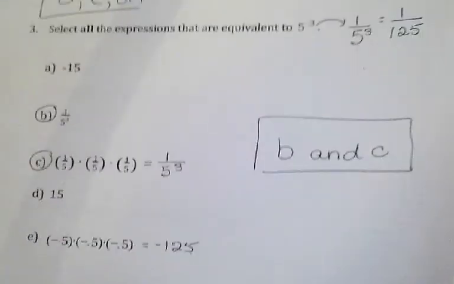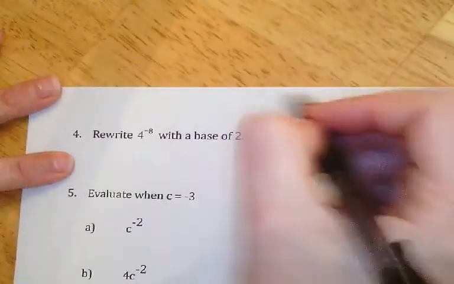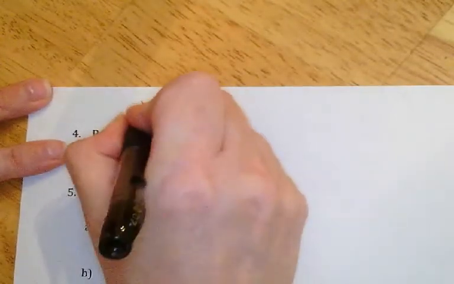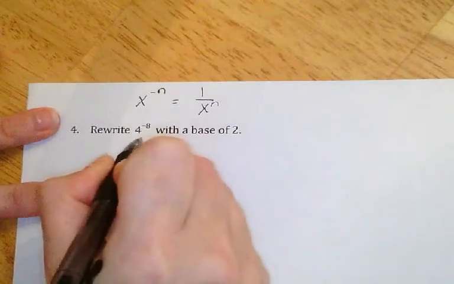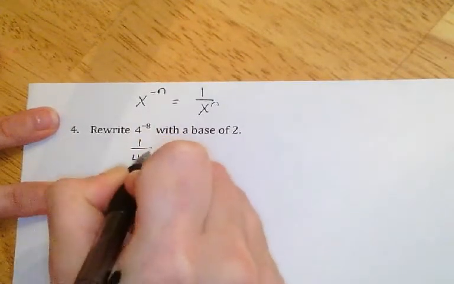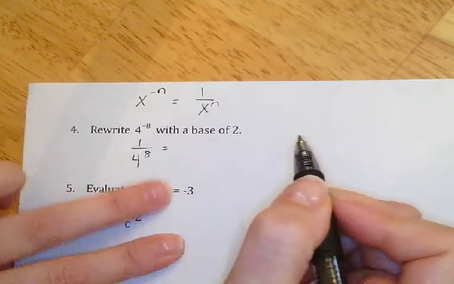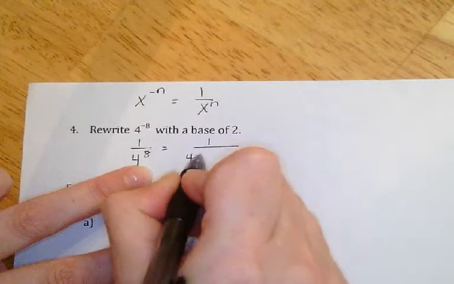Moving on. Number 4. Still just going with the definition of x to the negative n equals 1 over x to the n. Okay, so I'm going to change this 4 to the negative 8 to 1 over 4 to the 8th. I'm going to draw that out. 1 over 4, 8 times.